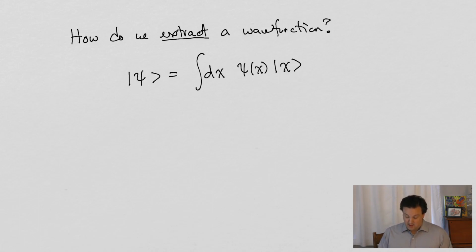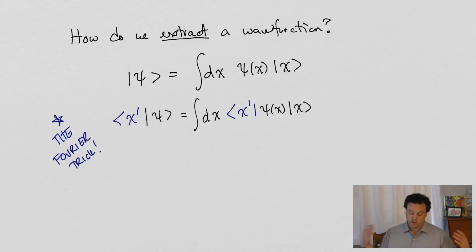Now, if I want to solve for those psi of x's, well, you kind of know how to do that, right? If I want to get out probability amplitudes, if I want to extract expansion coefficients, I have to use the Fourier trick, right? So what I'm going to do is take another state, and for the moment, I'm going to call it x prime, although I'm going to switch the x's.